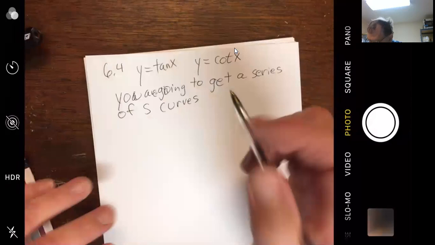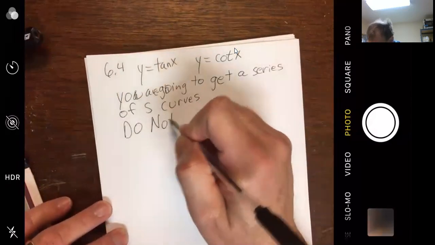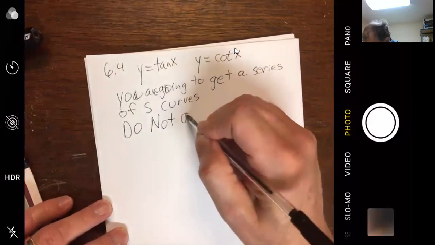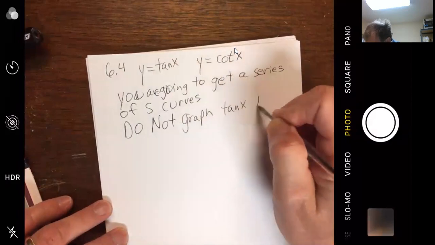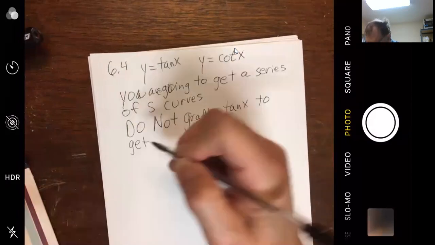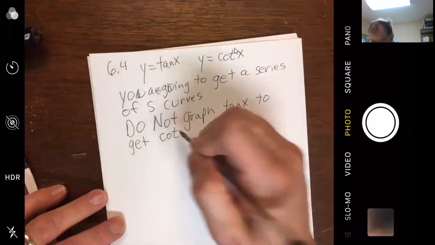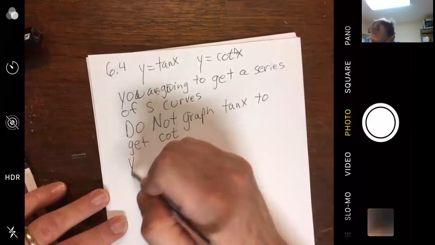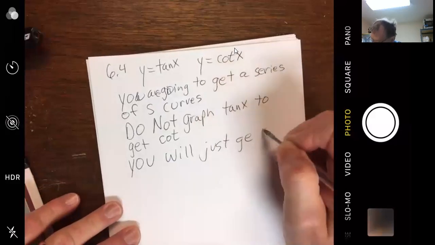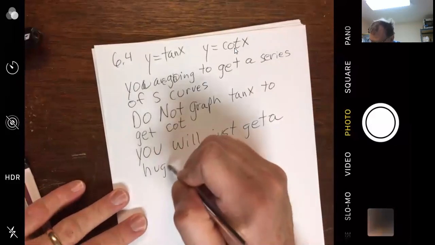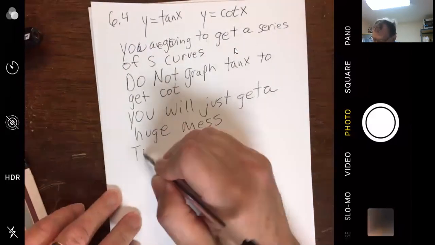Do not graph tangent, then flip something to get cotangent. You will just get a big mess, a huge mess. Treat each one individually.